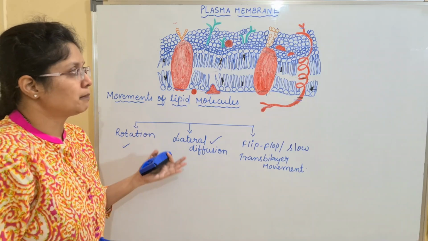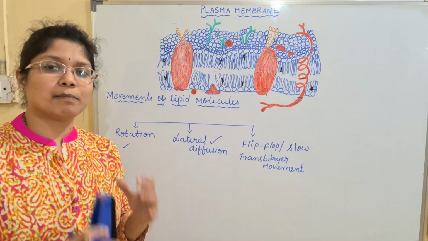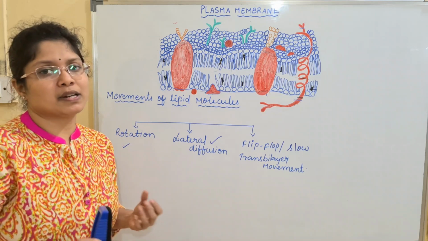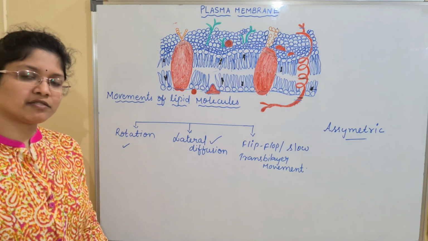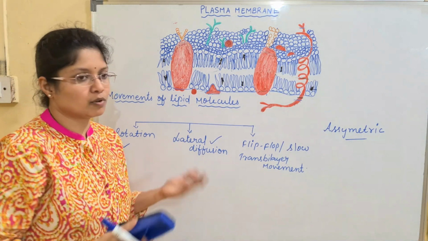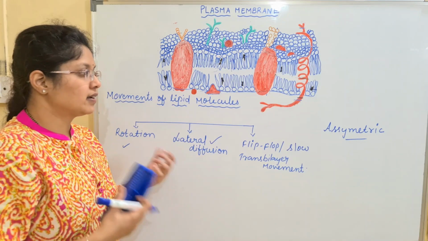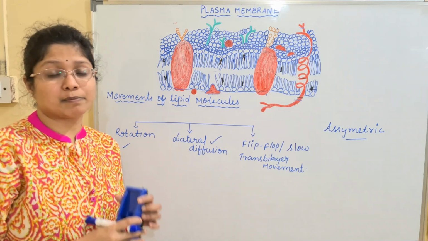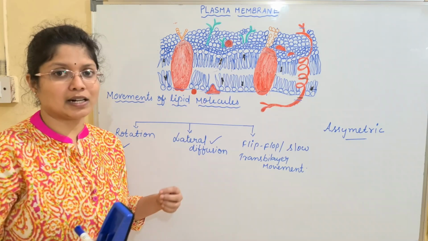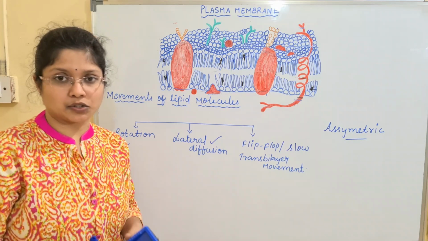With respect to lipids, and even with respect to the proteins and different molecules, the membrane is said to be asymmetric in nature. So the nature of the lipids is different. The type of the molecules will be different, and their movements are different. So everything with respect to any type of feature of the lipid will be different, and hence we say that the membrane is asymmetric in nature.